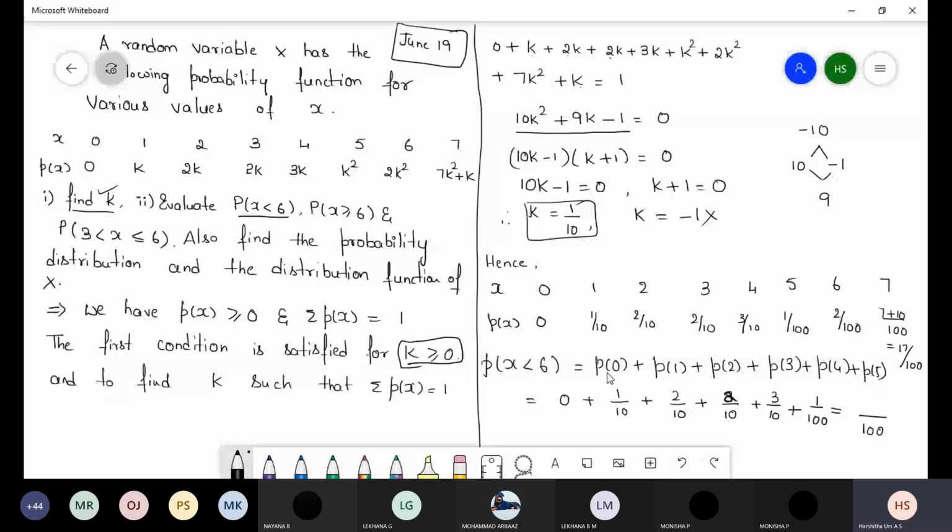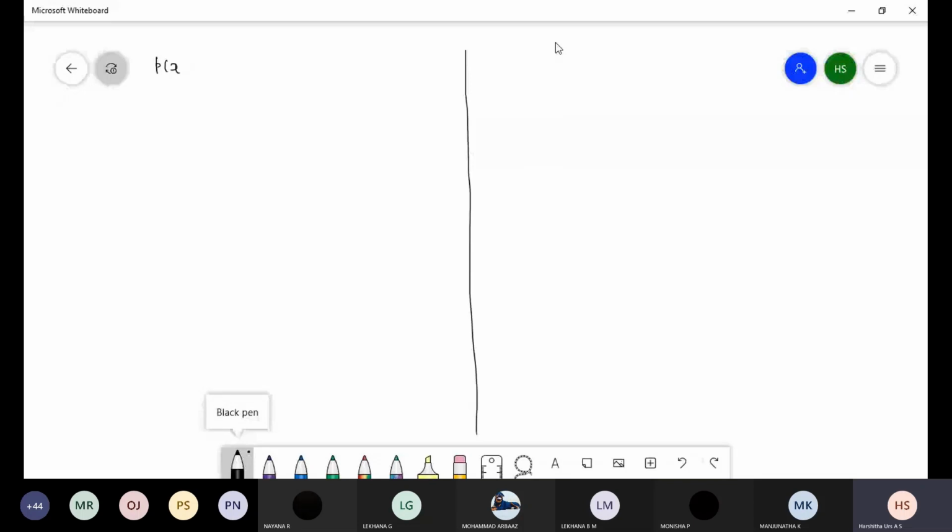Same thing, find for the second term, x is greater than or equal to 6. That means p of 6 plus p of 7. P of 6 value is 2 by 100 plus p of 7 is 17 by 100.